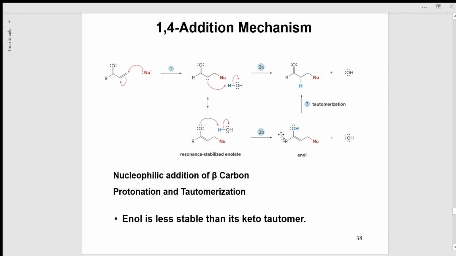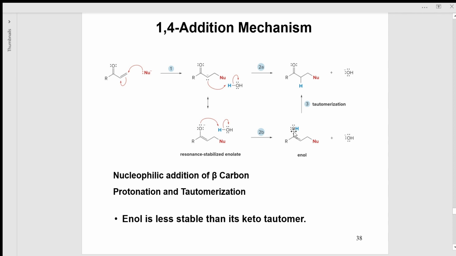Let's take a look at this structure. Basically, the nucleophile added to the number 4 carbon here. Hydrogen basically added to the number 1 atom, oxygen. And we know this is the big brother, so very likely this is the way the reaction happens. So that's why we call this a 1,4 addition reaction, because the number 1 and number 4 atoms were added hydrogen and a nucleophile.